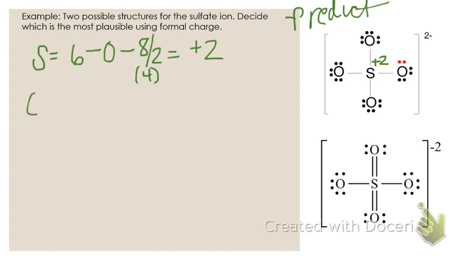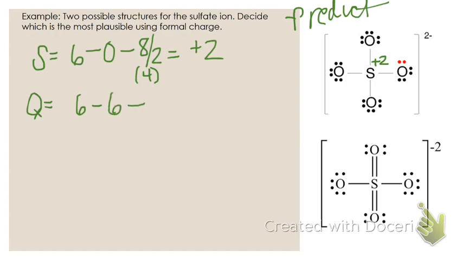The oxygens are all equivalent, so we only have to do this one. Oxygen has 6 valence electrons. How many lone pairs does it have, or how many non-bonded electrons? 3 or 6. 6, okay.